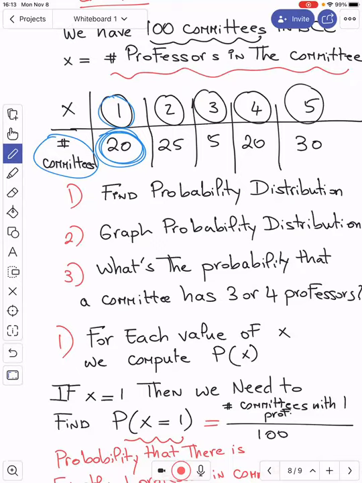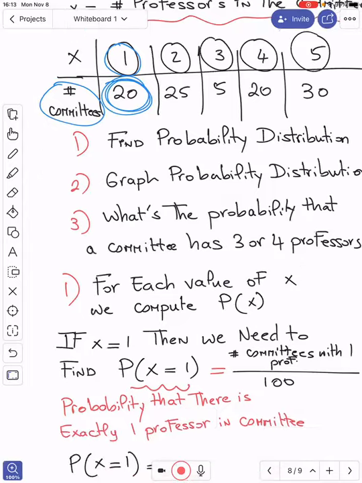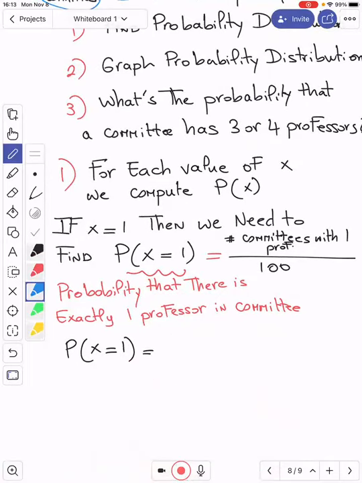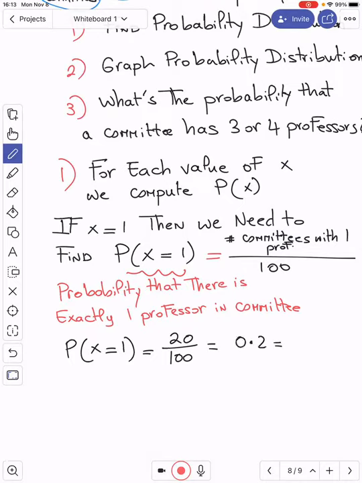So we have 20 committees out of 100 with exactly one professor. That's 20 over 100, which, if you use your calculator, is 1/5, which is 0.2, which is 0.20, and which is 20%.